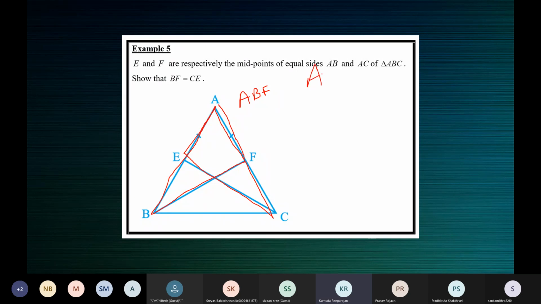If you choose ABF, then you must go with ACE, and you can prove that these two triangles are congruent to each other. In ABF we have BF and in ACE we have CE. So if you show that these two triangles are congruent, then by CPCTC, you will get BF is equal to CE.